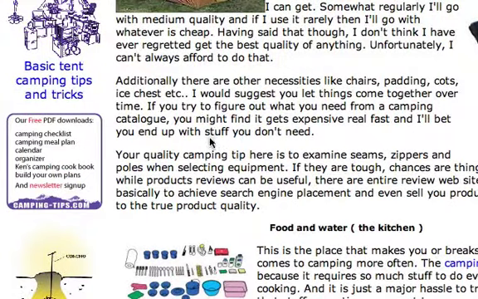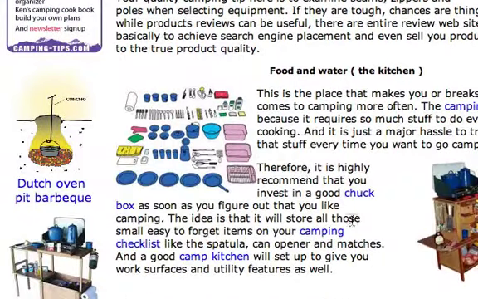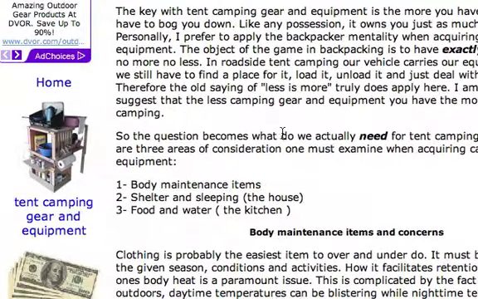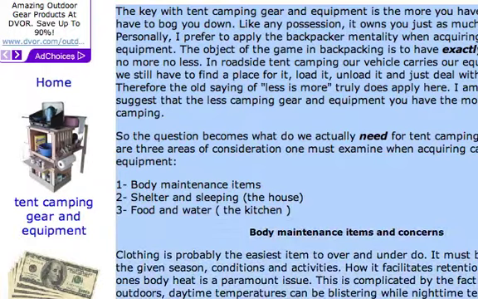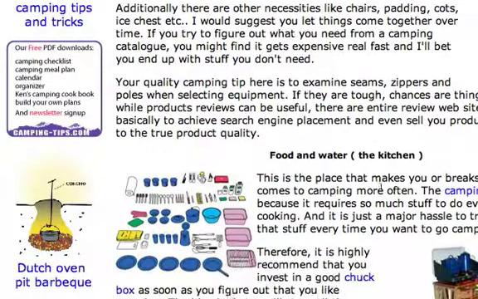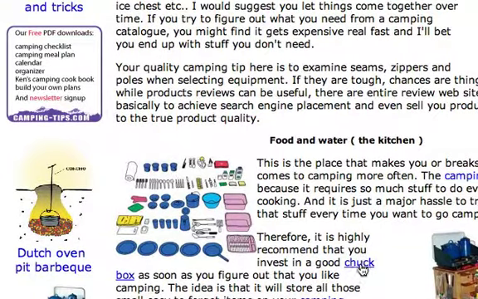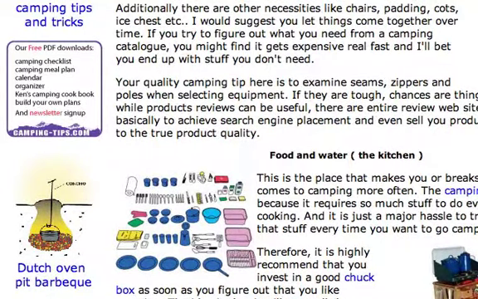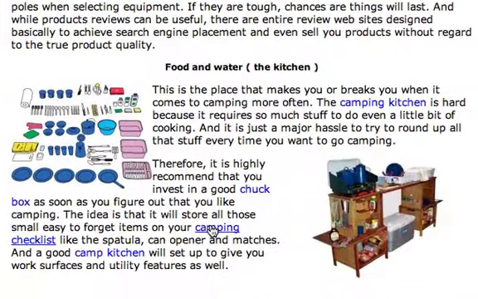Now, okay, here are some links within his content. This is kind of what I was talking about. He's got an informative article right here, and this is all just helpful content. And down here: camping kitchen, chuck box, camping checklist, camp kitchen, blue sky kitchen.